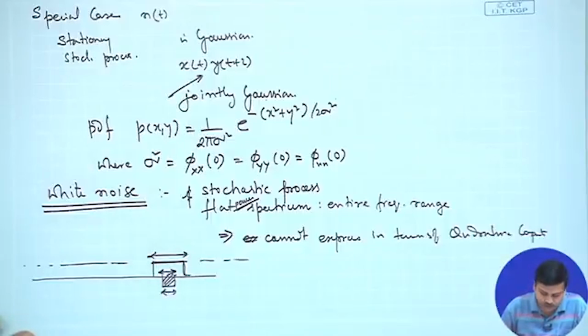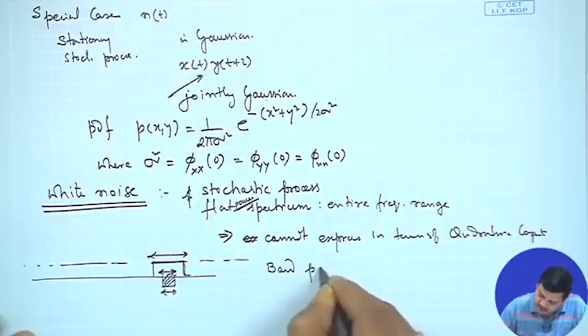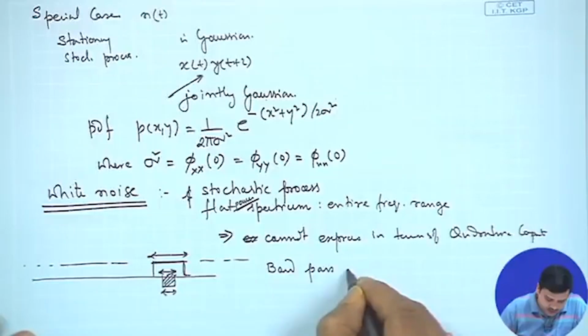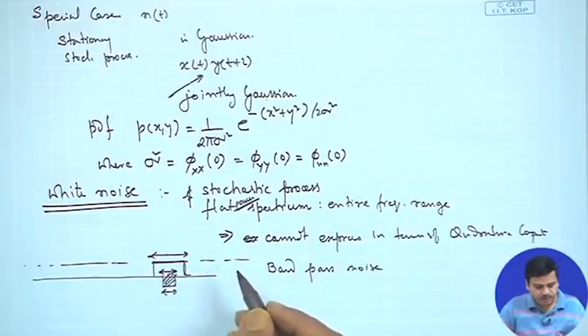In that case we can treat the noise as band pass noise, that means noise which has passed through a particular bandwidth.